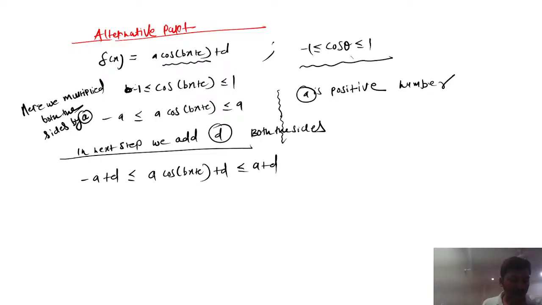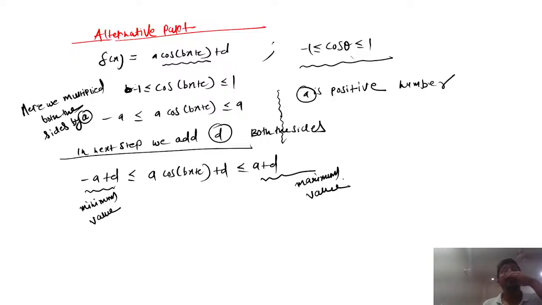So what is this? This is the minimum value and this is the maximum value. And you should tell here, so what is the range?